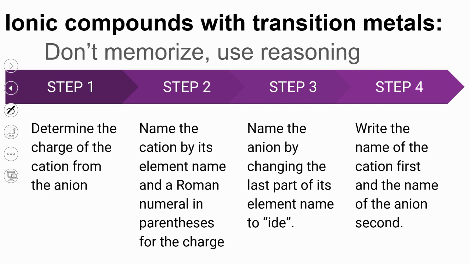Then you change the anion name to the -ide ending. If it's a transition metal with multiple charges, you have to say the Roman numeral. If it's not a transition metal and has a set charge every time, you don't put the Roman numeral in. You write the cation first and the anion second.